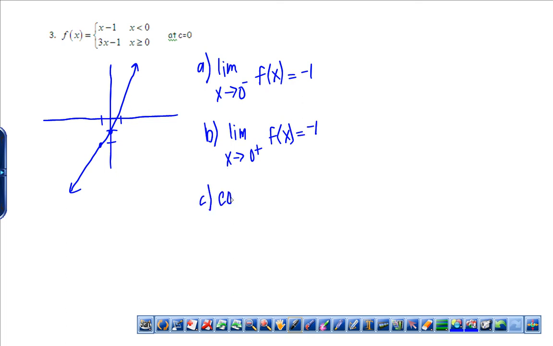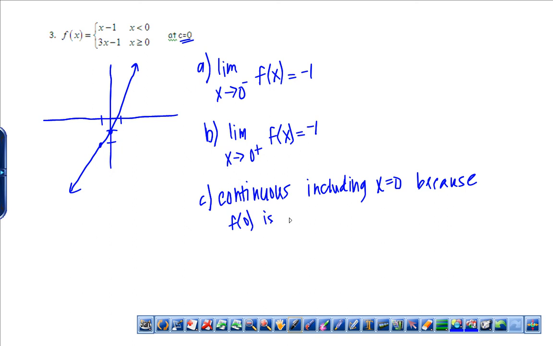So it looks like this one is going to be a continuous function, including x equals 0, because f of 0 is defined, and we can say our limit as x approaches 0 of your function is equal to f of 0.